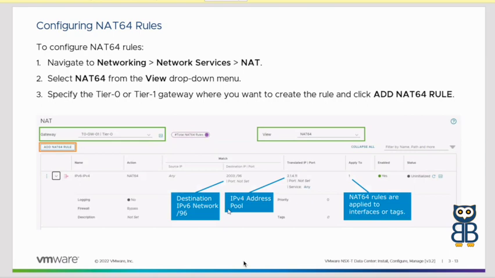And you can apply these rules on specific interfaces of your gateway, or you can apply it on tags also. Tags is basically, if you have tagged multiple interfaces, you can apply the rule on the tags. As a result, the rule will get applied on those interfaces for you.